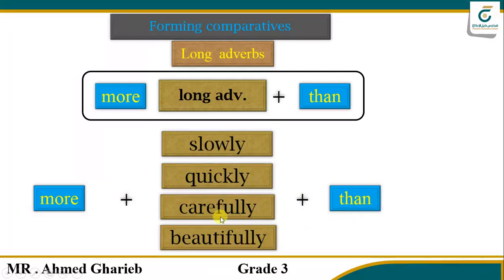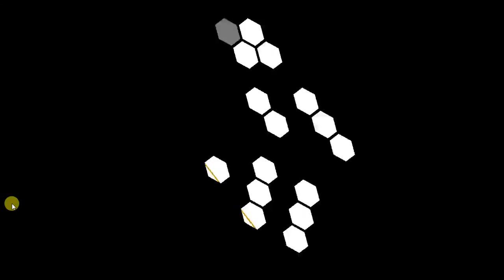All of them long adverbs, so we added more before them and than after. Okay, all of them end in ly, and again all of them come after an action verb. Let's have an example.